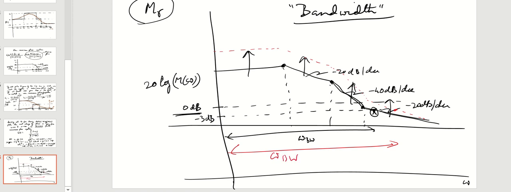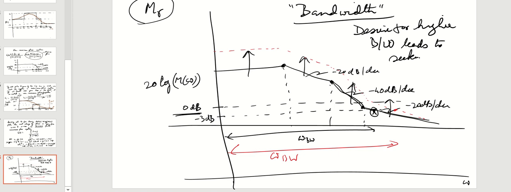So the desire for higher bandwidth leads to seeking higher values of K. Now you might wonder, in terms of the time domain specifications or performance, what does this high value of bandwidth have to do with it?